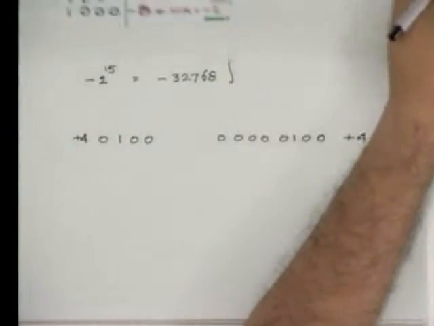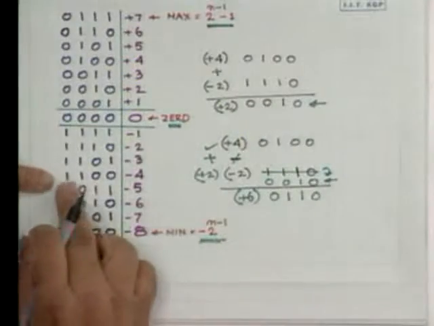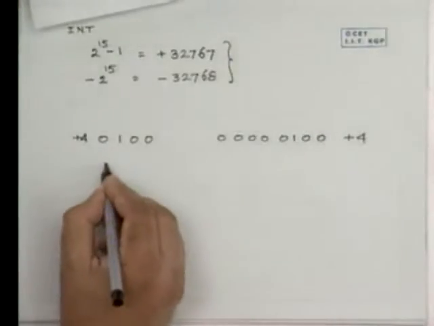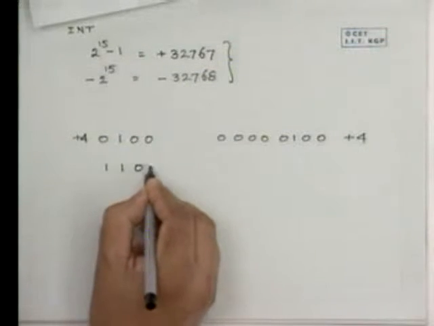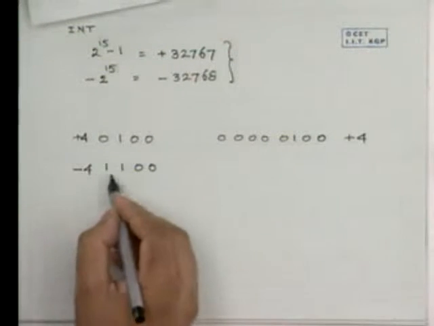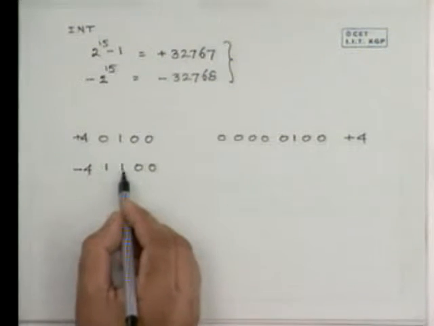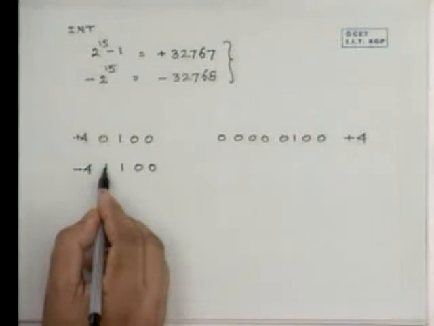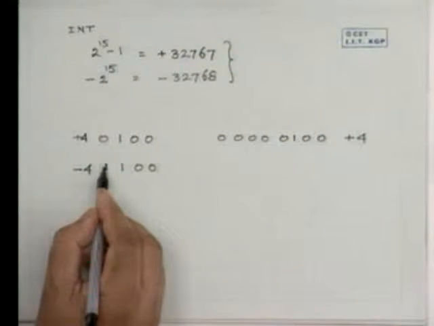Now if you have -4, in that case I have 1 1 0 0, therefore 1 1 0 0 is -4 in 2's complement representation. And if we have to represent -4 in 8 bits, here also we simply propagate the sign bit towards the left.